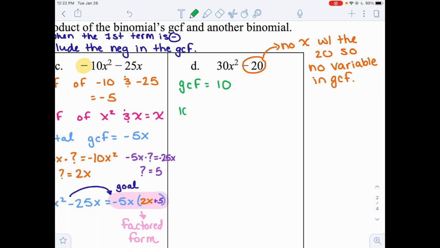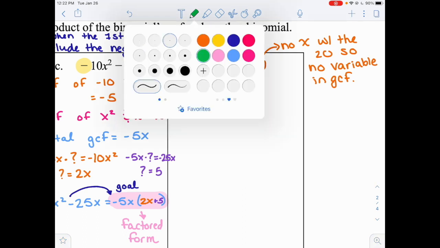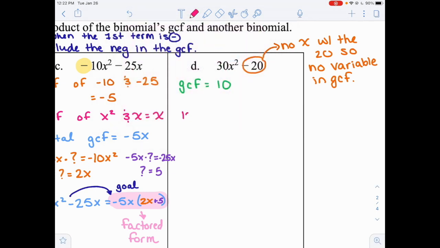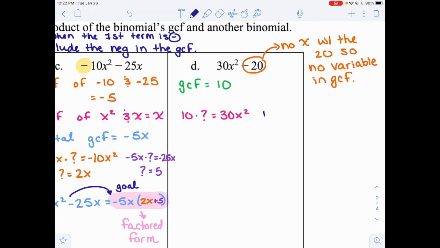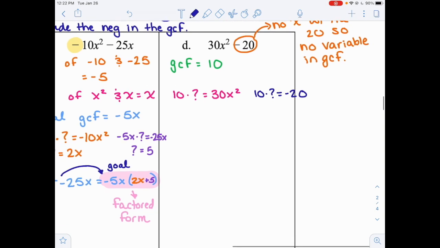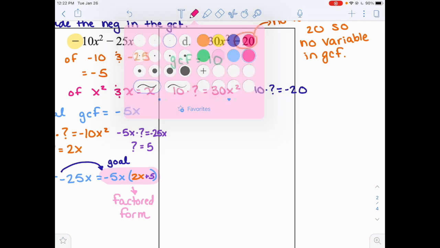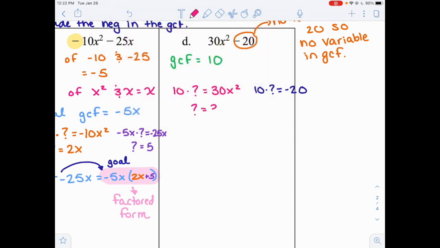So we're going to say 10 times something needs to get me 30x squared. And then 10 times something needs to get me negative 20. So we've got question mark equals 3x squared.